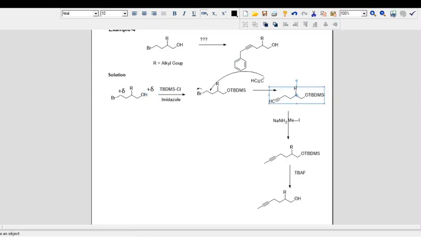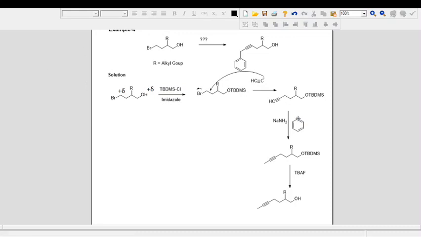Now, when we have achieved the formation of this product, we just require benzylation on the terminal alkyne. Obviously, that would be done by using a similar route.